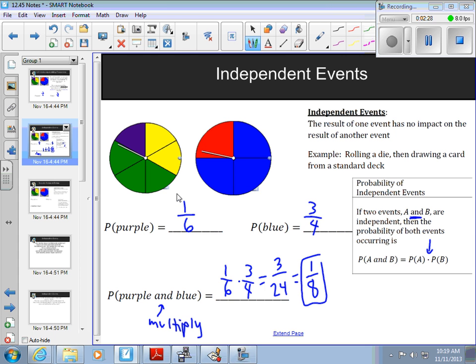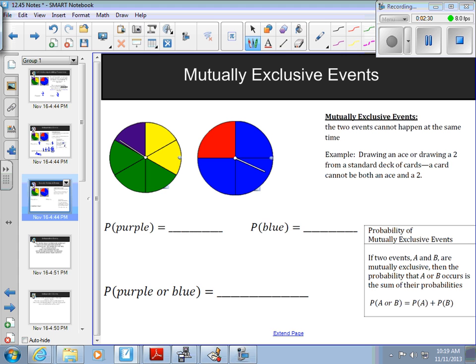All right, let's look at another case. Again, we had probability of spinning a purple is 1 out of 6, and probability of spinning a blue is 3 out of 4. This one, though, they're talking about something different. This is mutually exclusive events, when two things cannot happen at the same time.